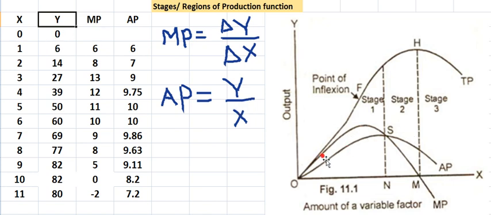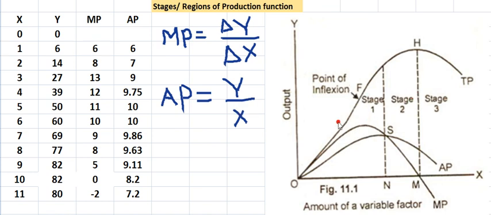Then we can draw the average product curve by using the values of average product. So let me explain these three regions of production function.